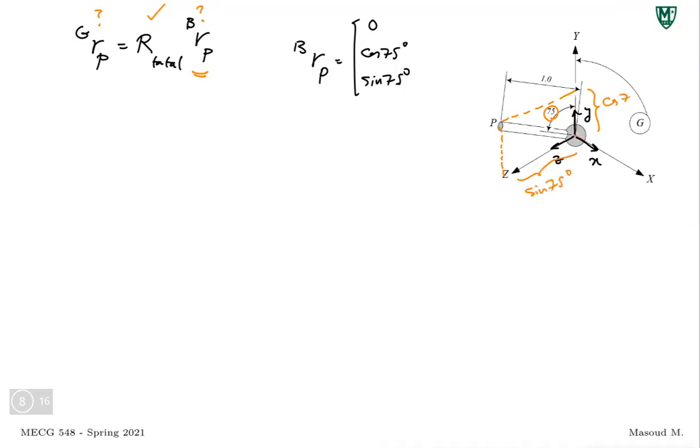Just make sure everyone is following. So cosine 75 degrees, sine 75 degrees on the y and z axes.